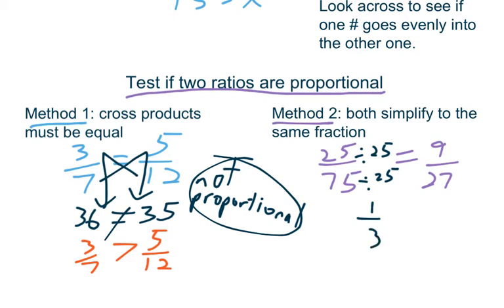And then over here on the right, 9 and 27, 9 will go into both, so I get 9 divided by 9 is 1, and 27 divided by 9 is 3. So these are proportional because they are equal.